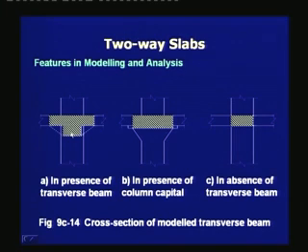And in the first figure, there is a visible transverse beam, and if there is a transverse beam, then we also consider a part of the slab to be a part of the transverse beam, and this part of the slab is determined by a 45-degree projection of this outstanding part of the transverse beam. Thus, once we are able to identify the transverse beam, we can find out the properties of the equivalent column.